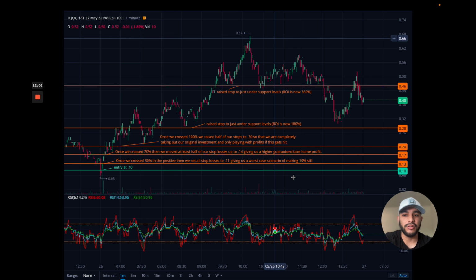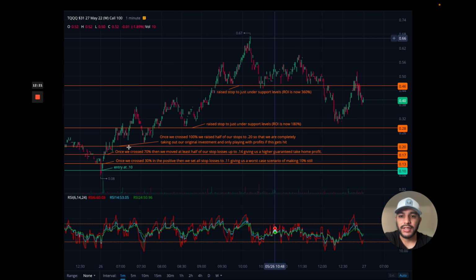So even if I lose whatever I have left in there, I cannot take a loss, right? But of course, the other half of our stops are right here under the support.